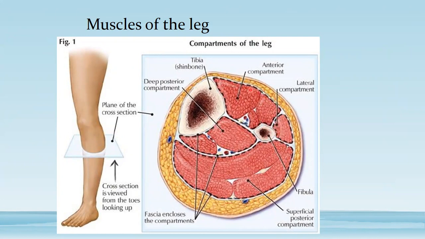For the blood supply, the anterior compartment is by the anterior tibial artery, and the posterior and deep posterior and lateral are by the posterior tibial artery.